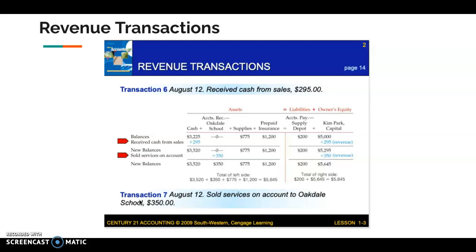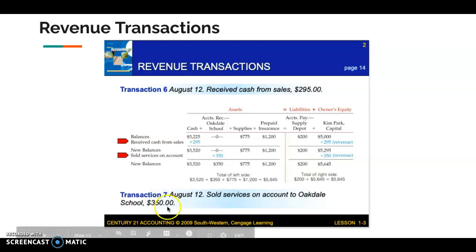So she has to make sales. And the first transaction says that we received cash from sales. So she did some networking work or helped somebody with their computer stuff. When she got done, she gave them a bill and they paid her.